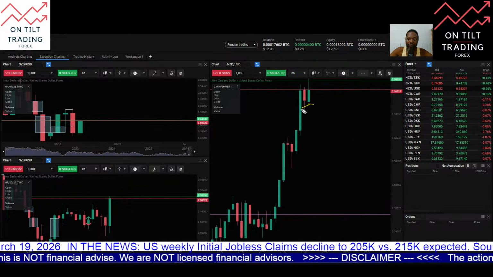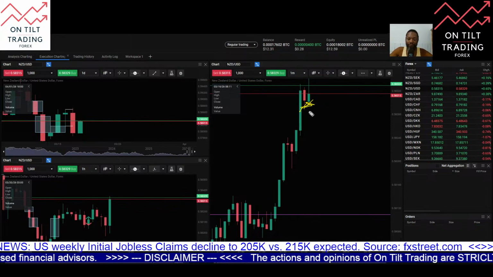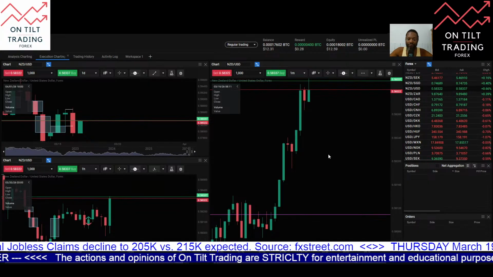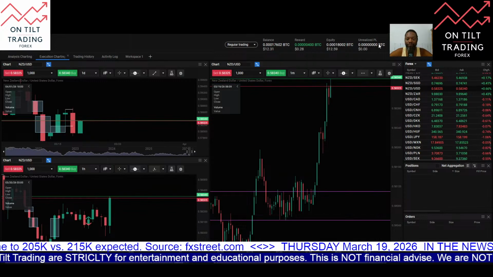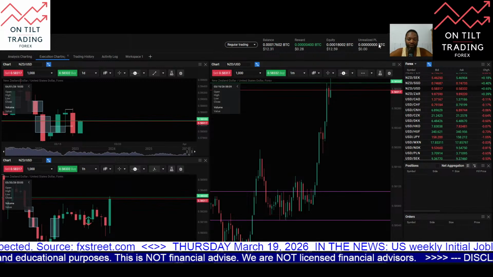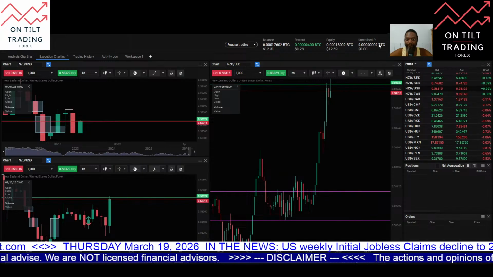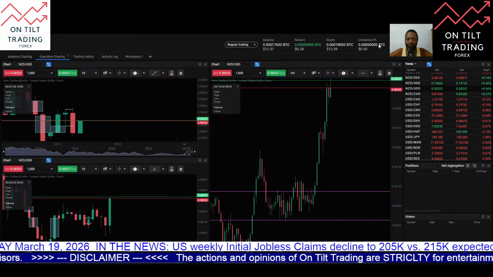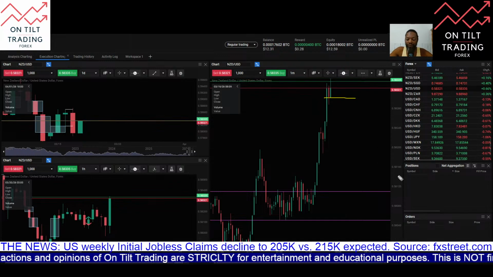And there's some liquidity here, so I anticipate price to return to that level. Then we'll see if price continues to the buy side or follows through with sell side delivery. But I am anticipating the low of this candle here to be swept.